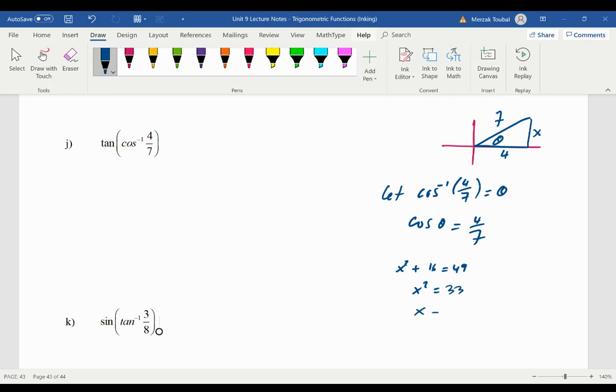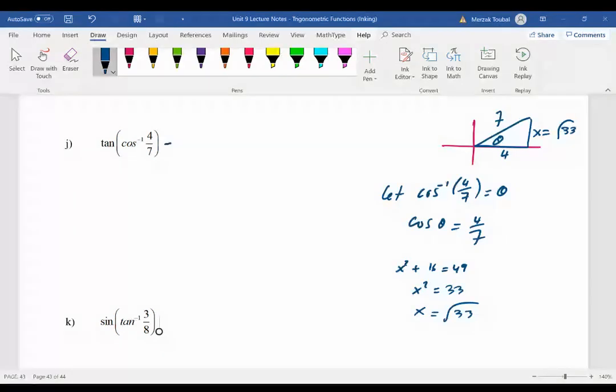Then x equals root 33, and that cannot be simplified. Also, we ignore the negative root 33 because x is above the x-axis, on the positive y-axis. So this is root 33.